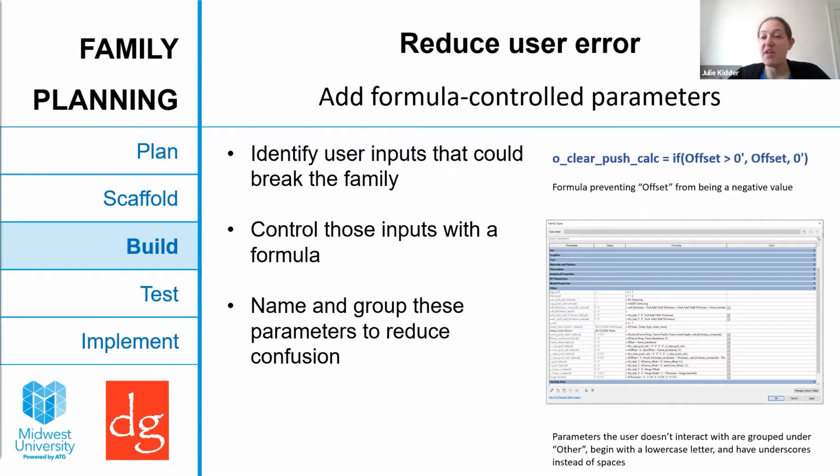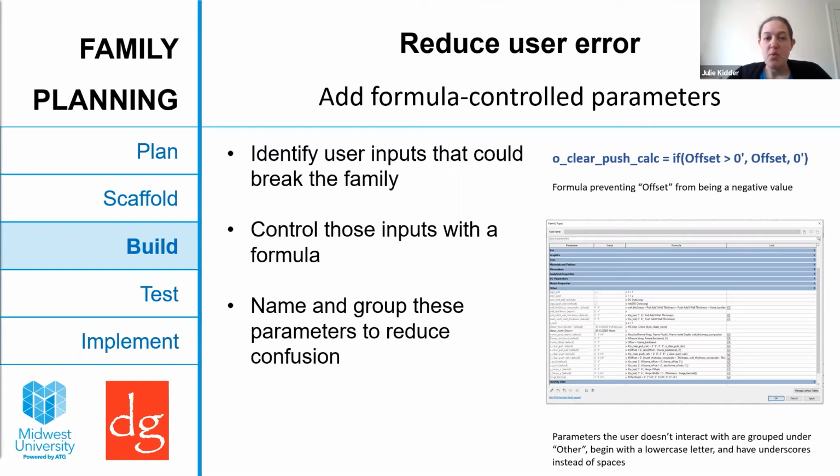If you have anything that's controlling a width, especially if it's something that somebody might think to set to 0, then you probably want to have a safety parameter that keeps that from being too small. In the panel doors that I showed, I have a safety that makes sure that panel doesn't get below 1 inch wide, because that would break the family.